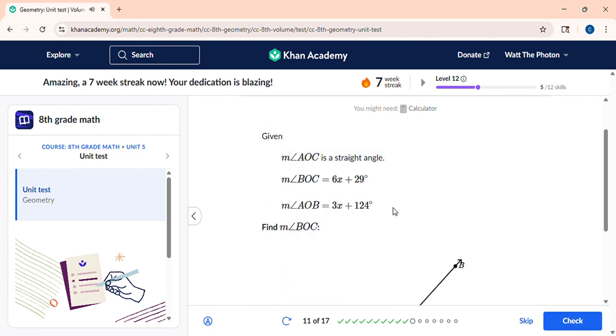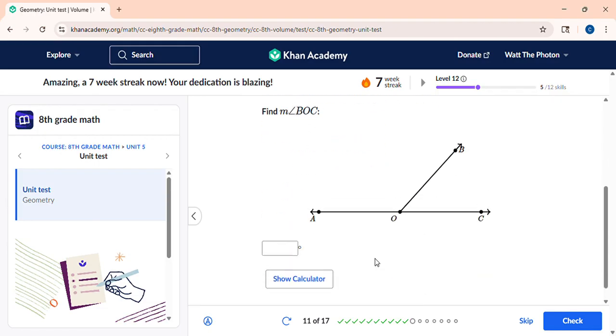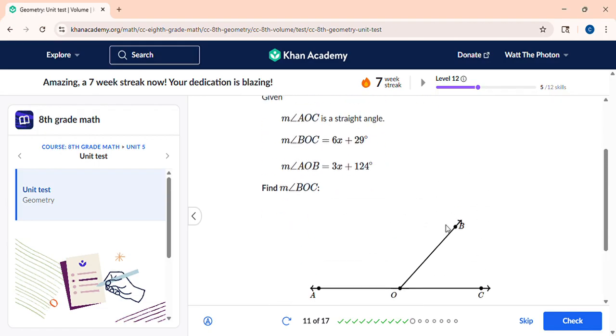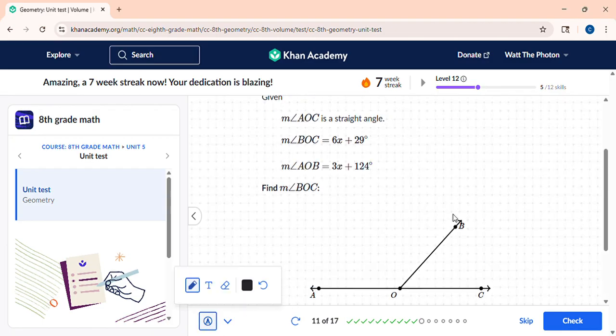Given AOC is a straight line, BOC is 6x plus 29, and AOB is 3x plus 124. Find BOC. Okay, so AC is a straight line. BOC is 6x plus 29.